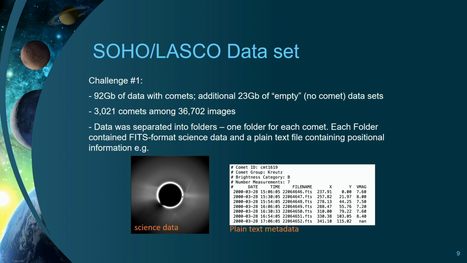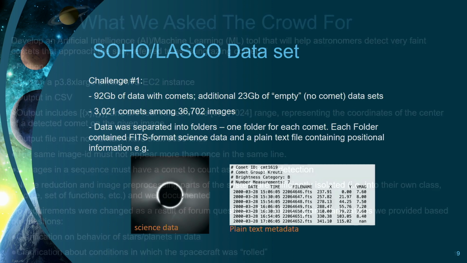In our challenge, we had at that moment more than 3,000 comets among 36,000 images. The data was separated into folders. Each folder contained a FITS format data file and a plain text file containing positional information. You see examples here. Okay, next slide, please.